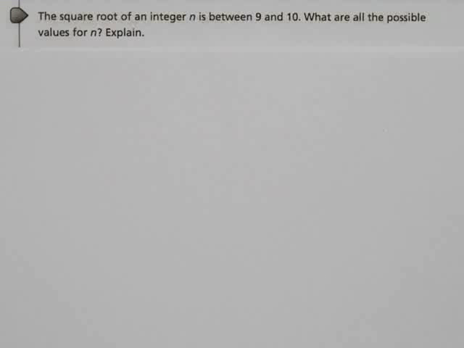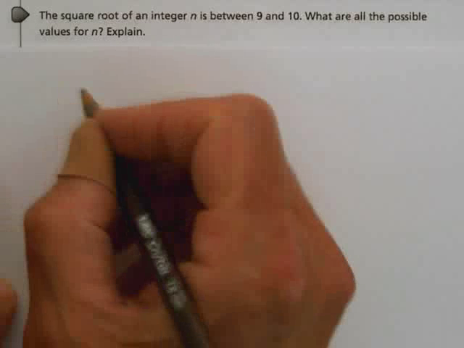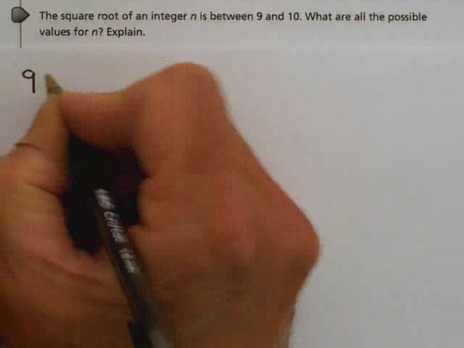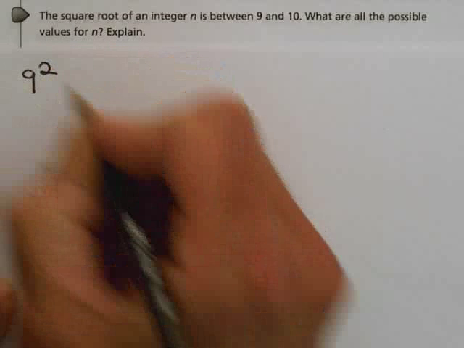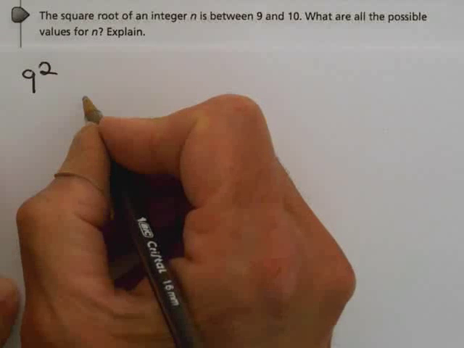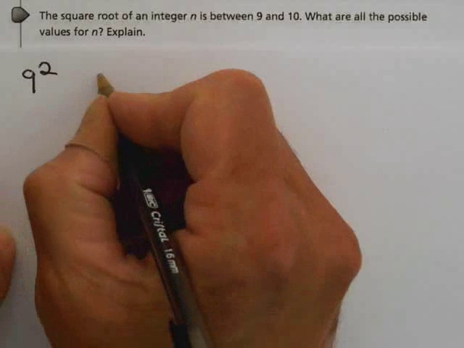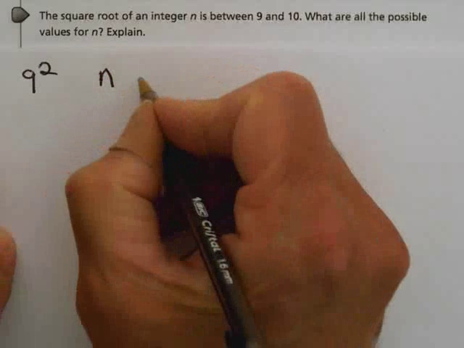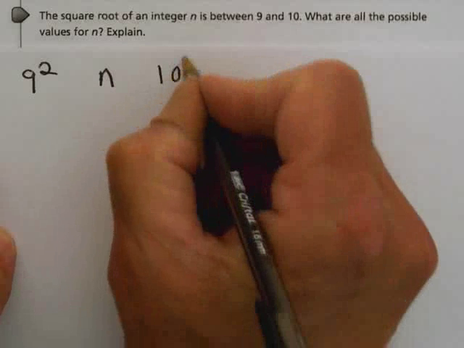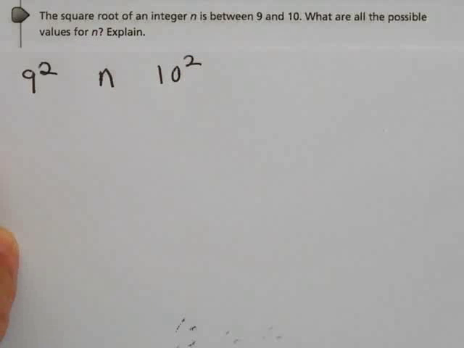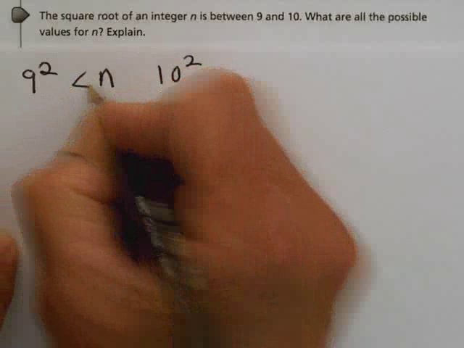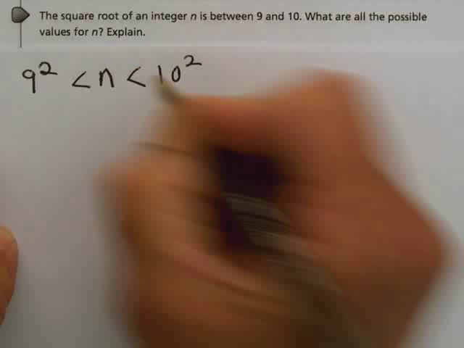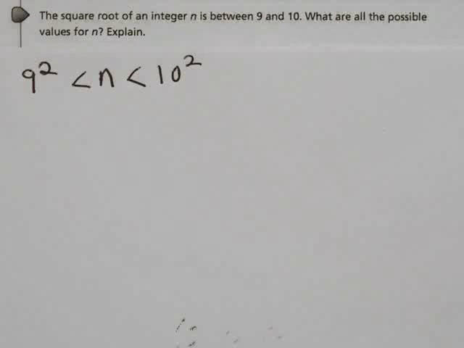Okay, well, let's think about this. We know that the number that we're looking for, n, is between 9 squared, because we're looking for the square root of a number, and 10 squared. All right, so what numbers could n be?